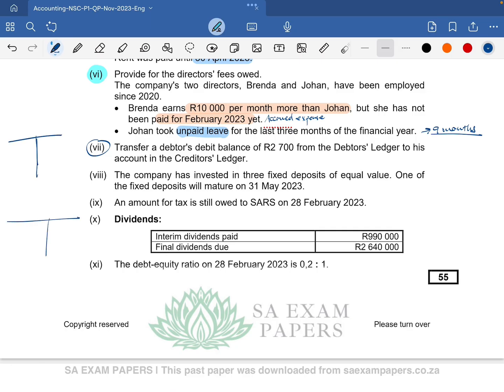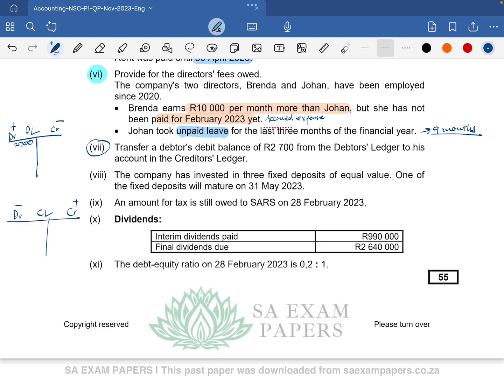So let's say this is the debtor's ledger, this is the creditor's ledger. You know that your debtors increase on the debit side and decrease on the credit side, and it's the opposite for our creditors. Okay, so we then have this guy owing us 2,700, but we're supposed to transfer his account to the creditor's ledger.